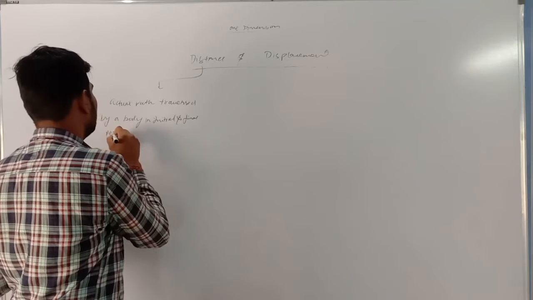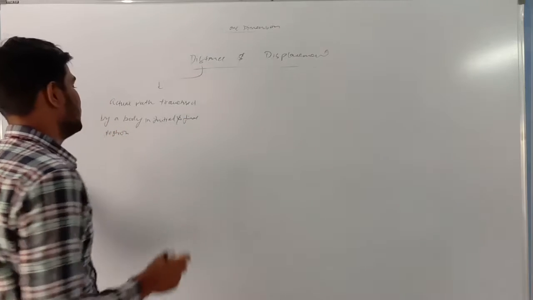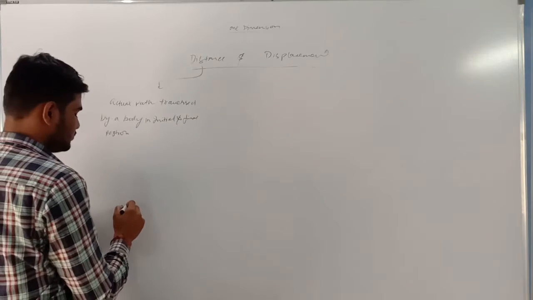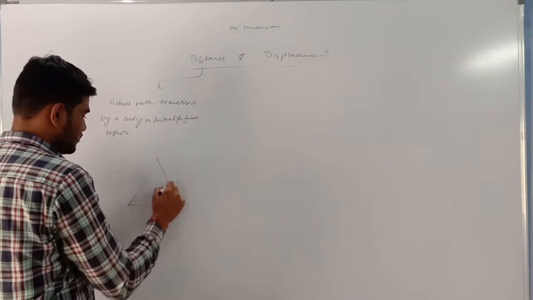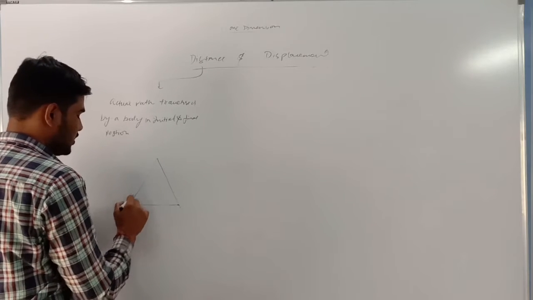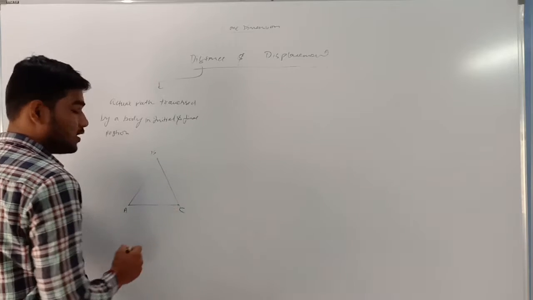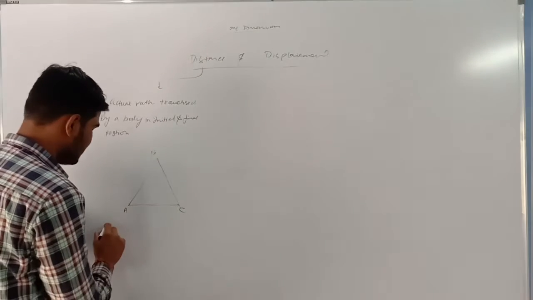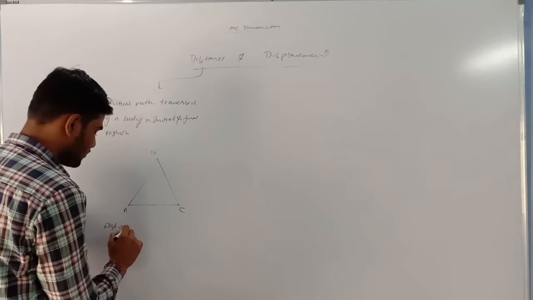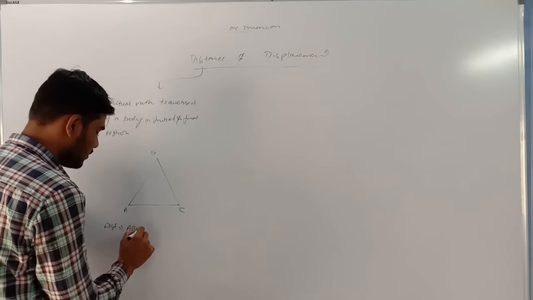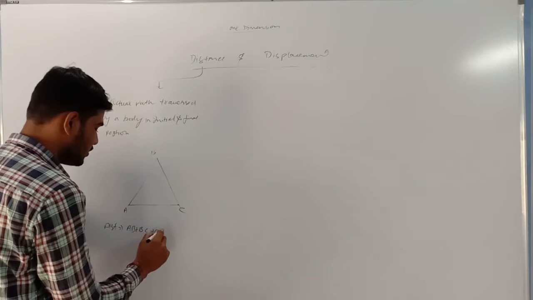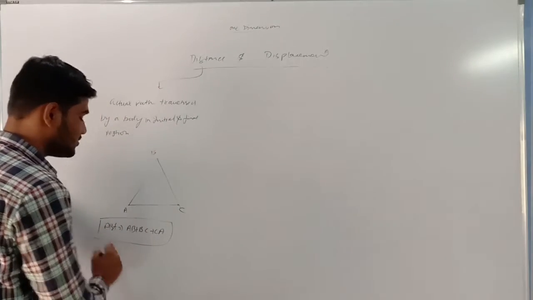Okay, for example, these are points A, B and C. So what will be the distance? Distance will be AB plus BC plus CA. Okay, that is the distance.